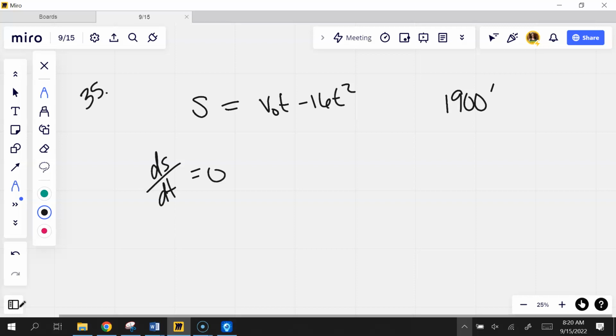All right, tell me what you think we do. Anybody? What are we going to do about initial velocity, though? Well, 1,900 feet, that's the... It wouldn't be 0. If initial, look at the hint.